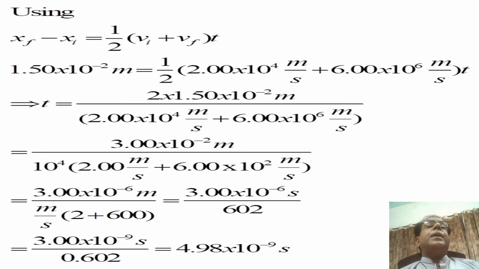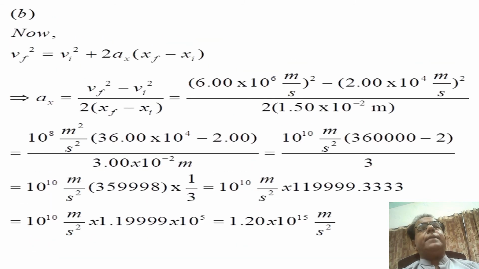We changed 602 into 0.602, that is why the upper 10^-6 has changed to 10^-9. This alternatively becomes equal to 4.98 × 10^-9 second. Time has become equal to 4.98 × 10^-9 second.